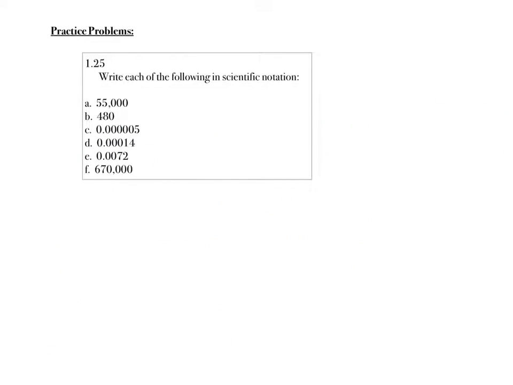Practice problem 1.25. Write each of the following in scientific notation. So let me zoom out a little bit. Hopefully you can see this, but we've got part A here is 55,000. And I'm going to write that in scientific notation.